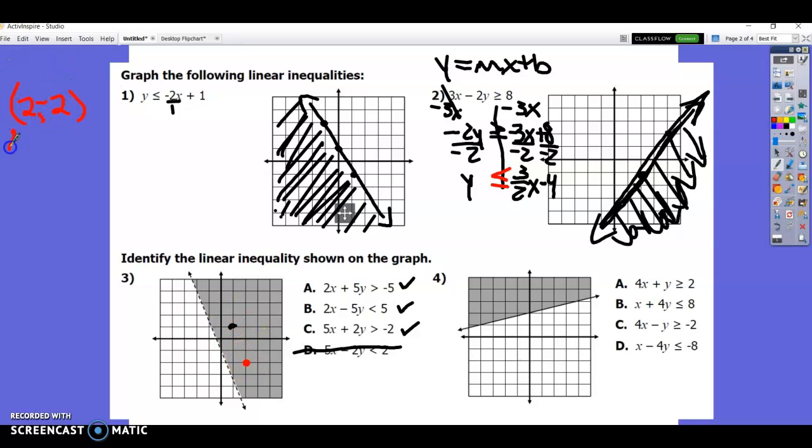All right, so we're going to plug in 2 for x and negative 2 for y. So that's going to be 4 minus 10. 4 minus 10 is negative 6.